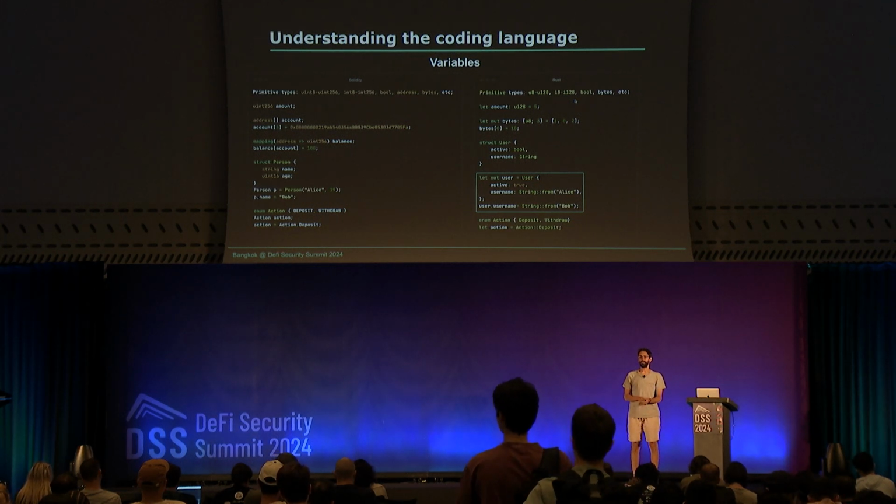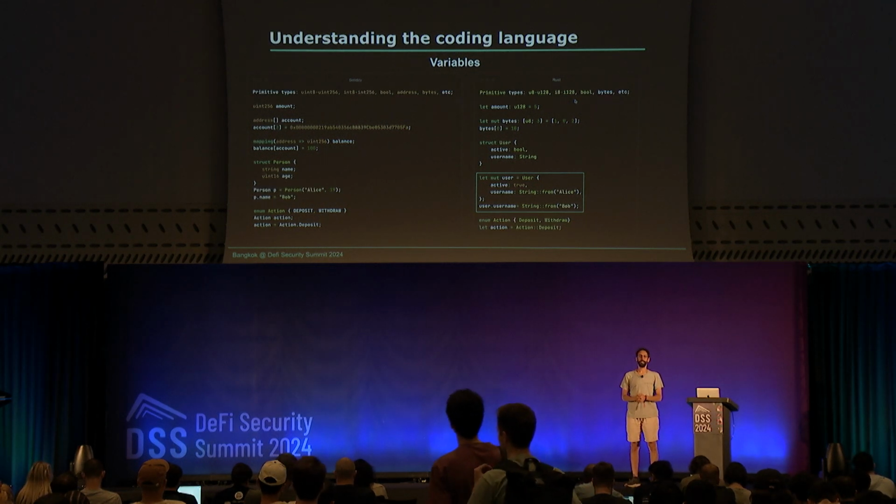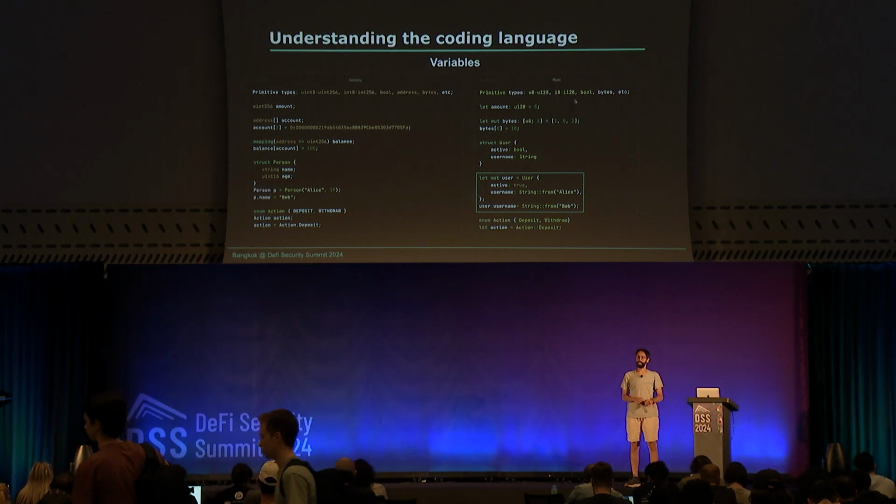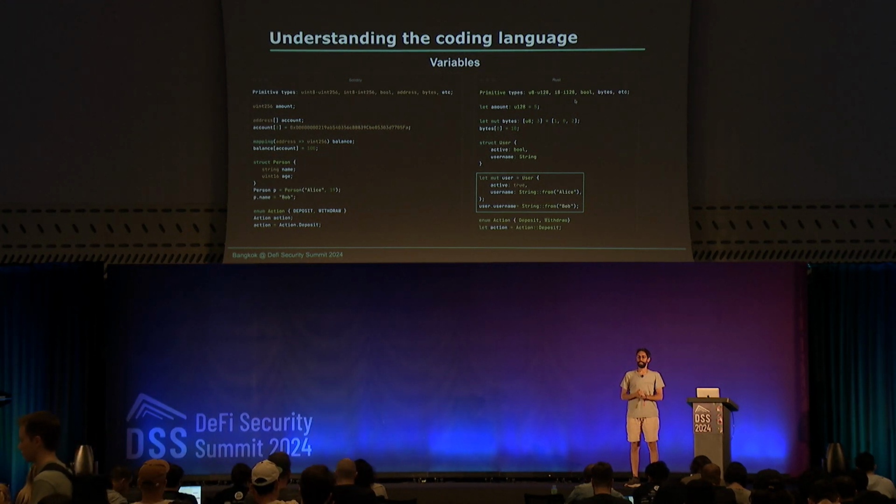You have the mut keyword again, and you set it. And if you want to change the username, we'll just add a String::from, and change it. We also have the enum. It's pretty similar too. And you can add these deposit and withdrawal types.